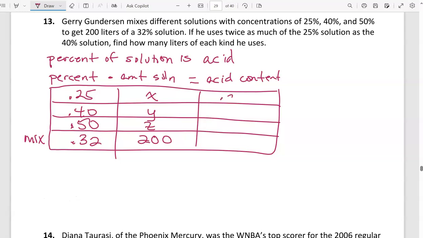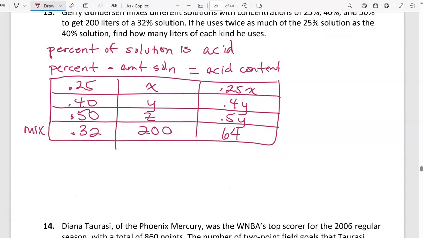We can multiply to find the acid content, 0.25x, 0.4y, and 0.5z, and 32% of 200 is the acid content in the mixture. Stop, don't get your calculator. Remember, what's 32% of 100? I'm sure you said 32, so 32% of 200 is twice as much, or 64 liters of acid.